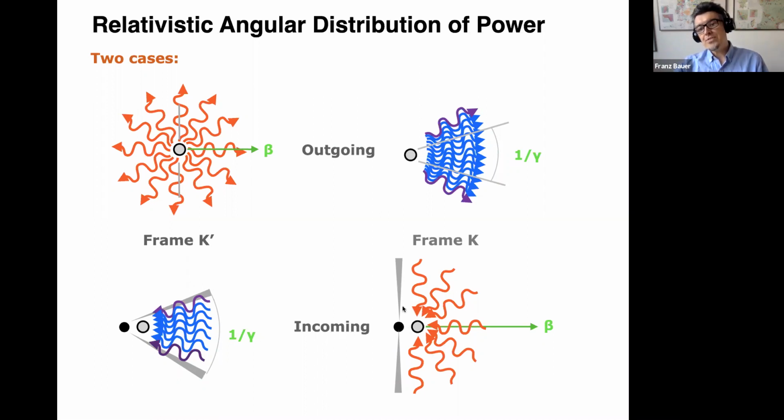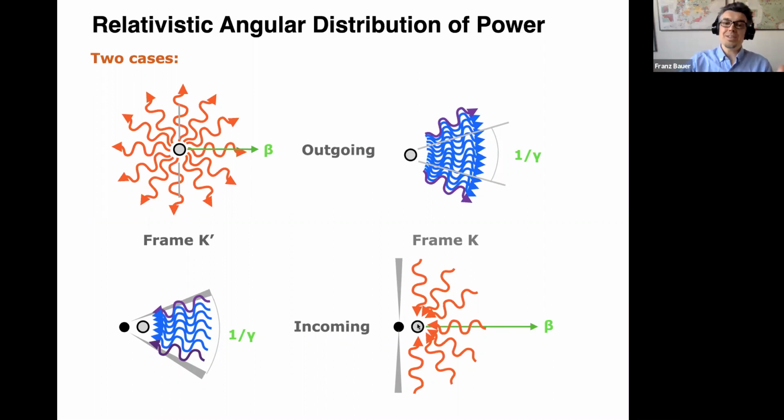The radiation from the disk itself, if it's moving this way, is actually going to be diminished. And so it's not going to be strongly affected, even though it's a huge source of energy. There's a huge amount of light coming from the disk. But because it's moving in this direction, this is going to be deboosted. It's not going to be relativistically beamed, it's going to be de-beamed in a sense.